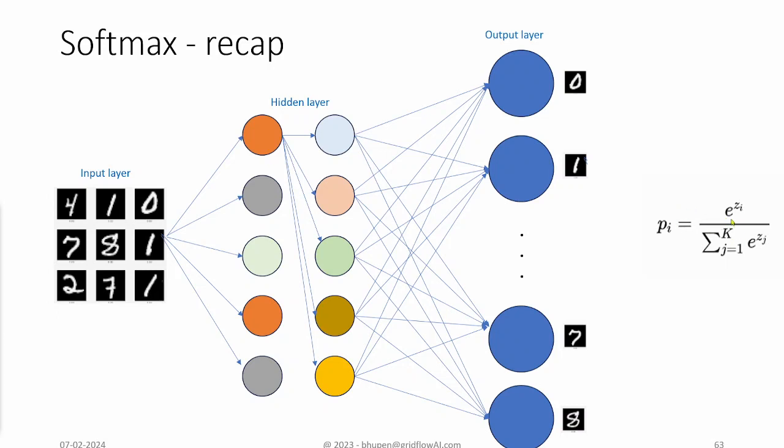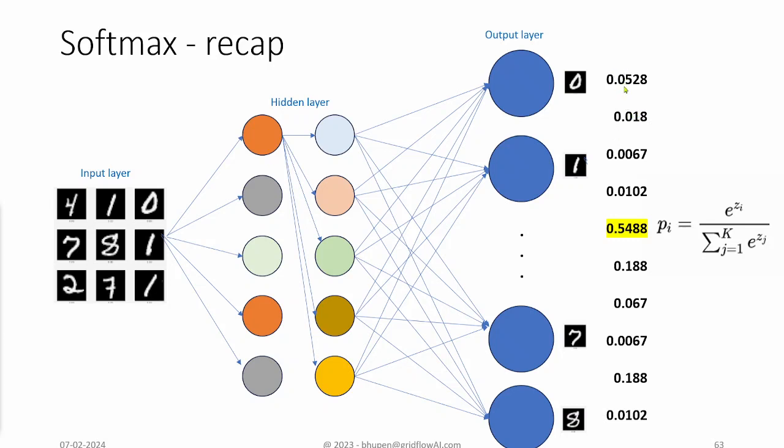And we compute the softmax probability by taking the logit of a neuron, let's say this one, and then dividing by the sum of the logits of all the neurons. That's a typical softmax computation. And the result of the softmax computation is in terms of probability.